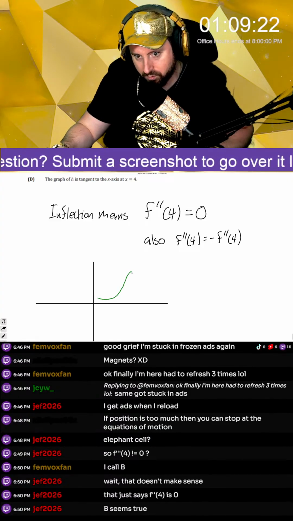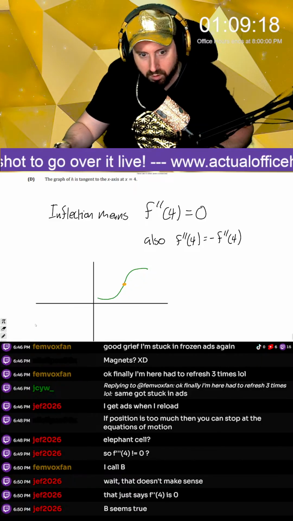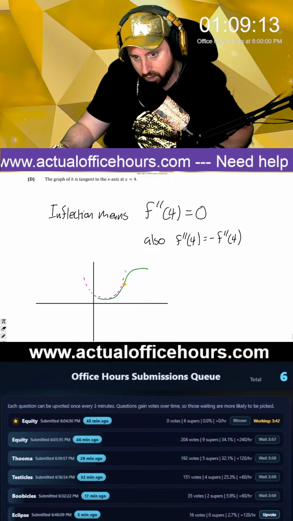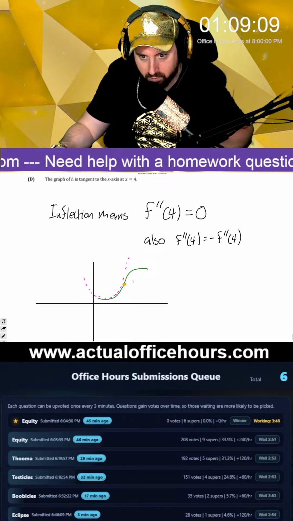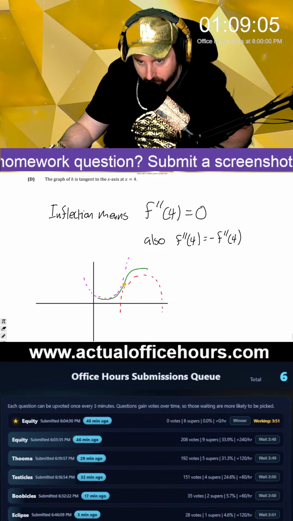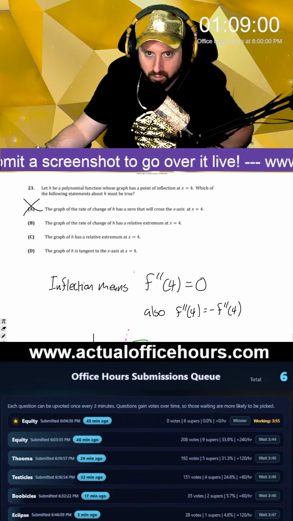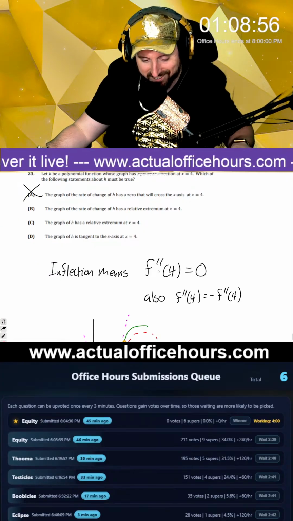So for instance, this is a type of inflection point right here, because you would be going from concave up to concave down. That's what they mean by an inflection point. So the derivative definitely doesn't need to be 0. Take the third derivative. Be a jerk.